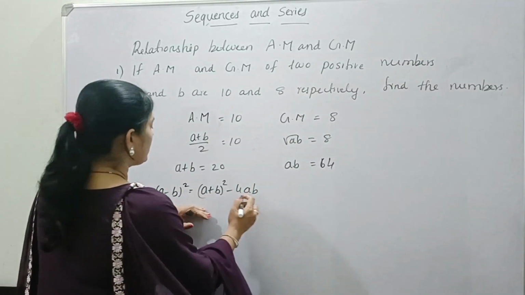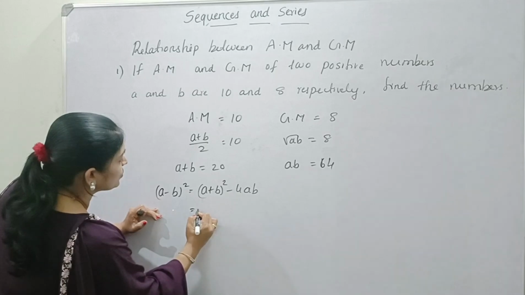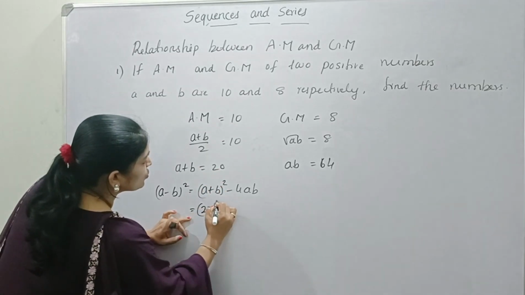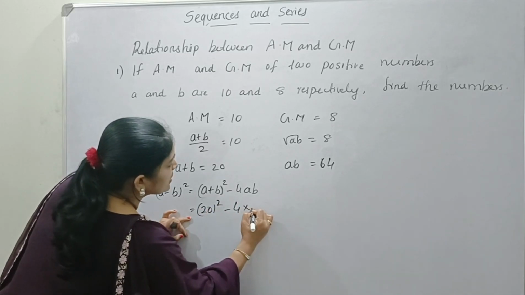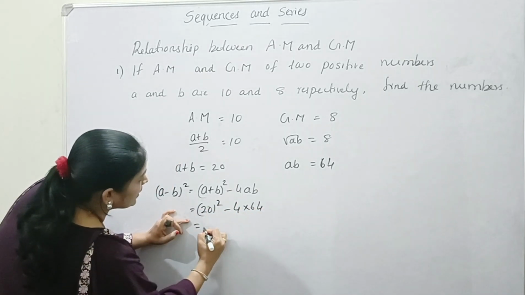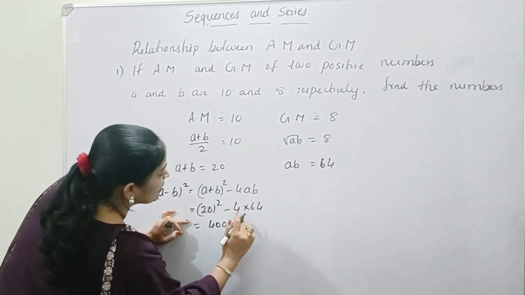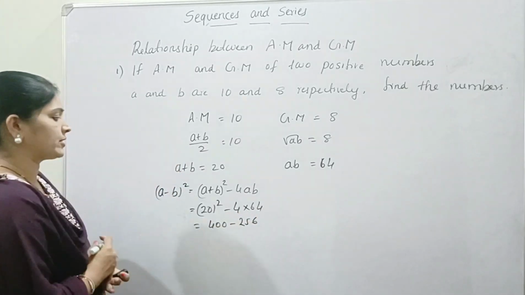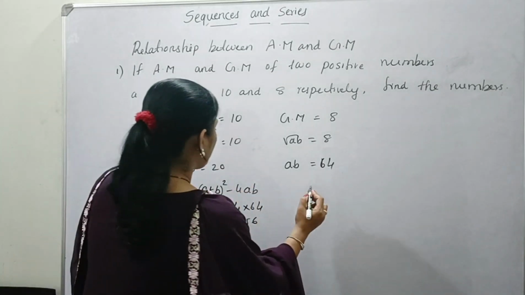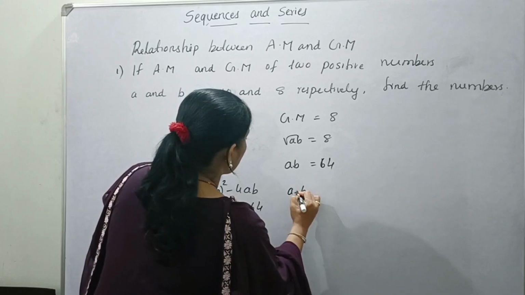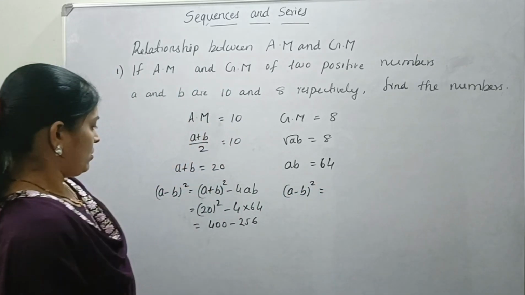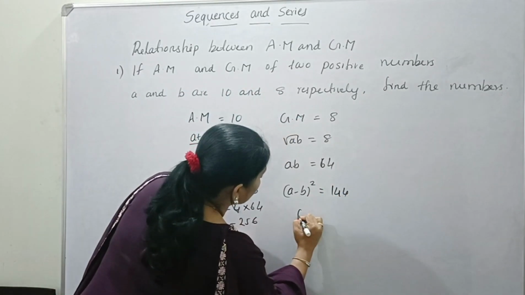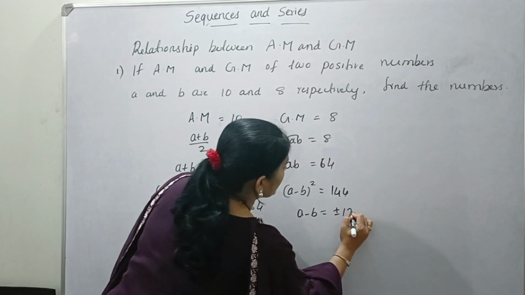Substituting, that is 20 whole square minus 4 into 64, that is 400 minus 256, so (A minus B) whole square is equal to 144. So A minus B is equal to plus or minus 12.